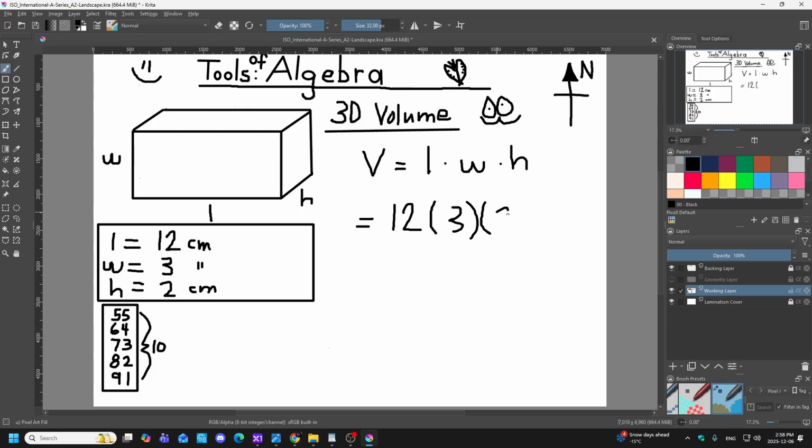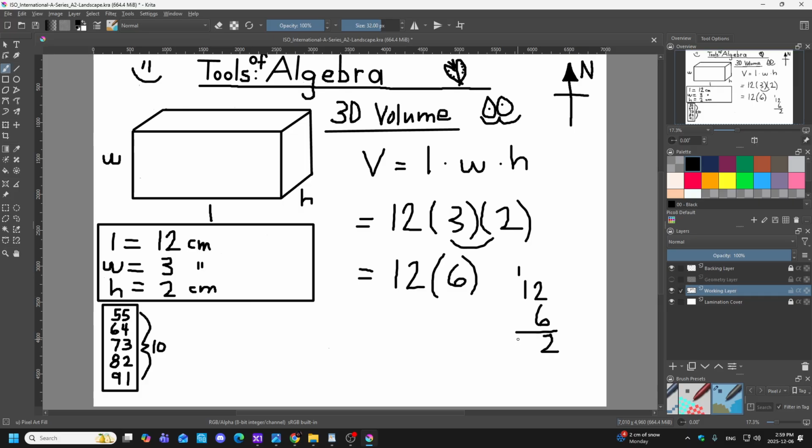And height is 2. All right. I could go 12 and just kind of break this down. I'll do the 3 times 2 is 6. If I recall, that should be 72, but let's do the long work. 12 times 6. 6 times 2 is 12. Carry the 1. 6 times 1 is 6. Plus 1 is 7. 72.